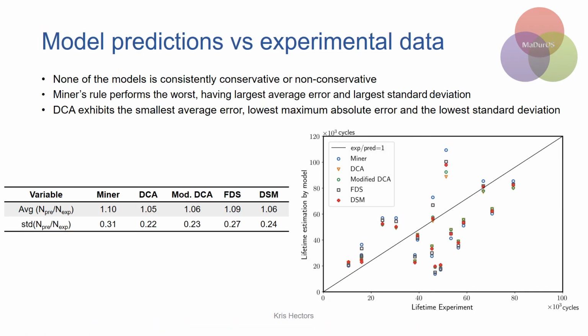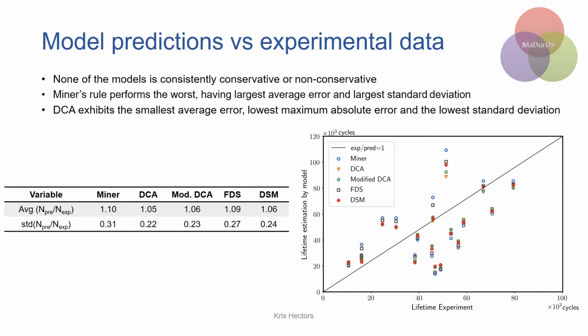The results are summarized based on the average prediction error, the standard deviation of the prediction error, and with the figure on the right, which shows how the fatigue lifetime estimation of the models compares to the actual experimental lifetimes. From the figure it's clear that none of the models is consistently conservative or non-conservative.